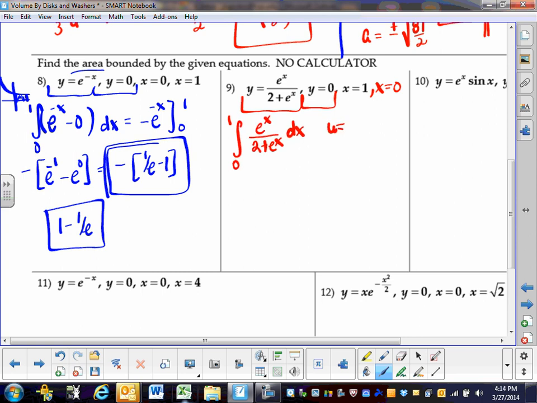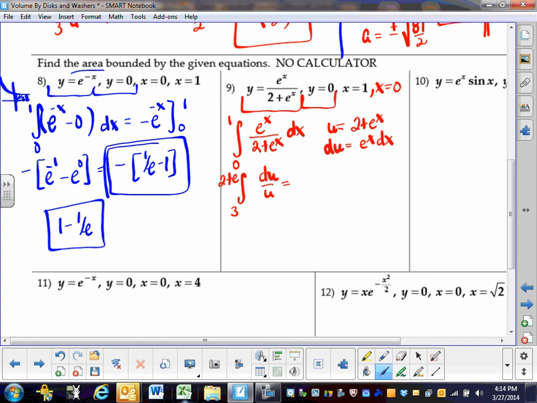That means that my u has to be 2 plus e to the x. Du is just e to the x dx. So I have du over u. And I have to change out my limits. So if I substitute into here, I get 2 plus e to the 0, which is 2 plus 1, so 3. For the top part, I end up with 2 plus e to the 1.